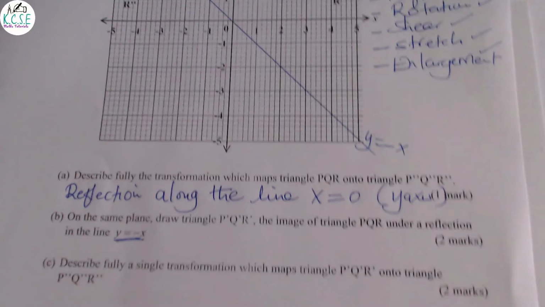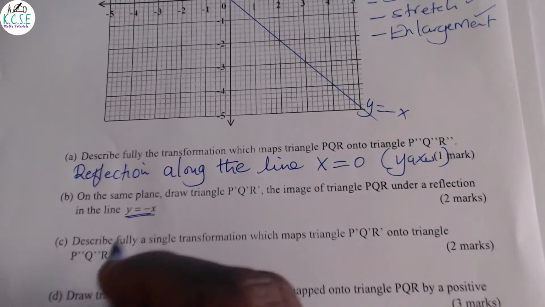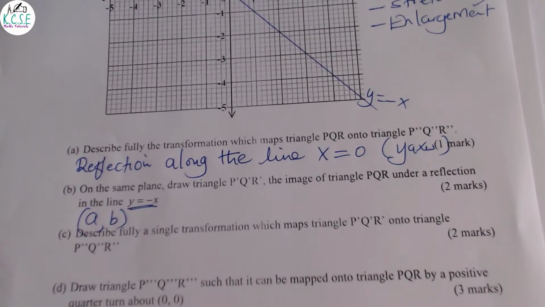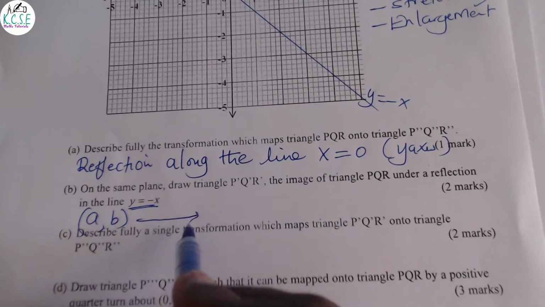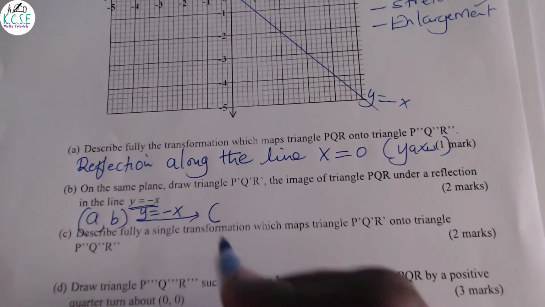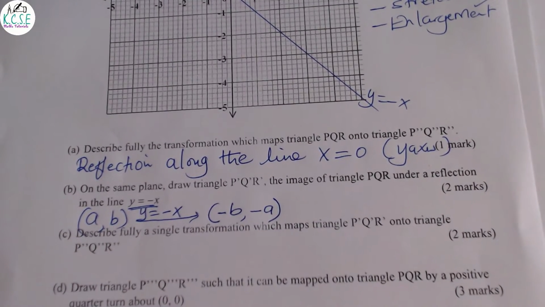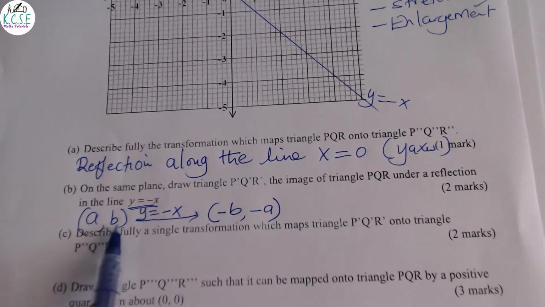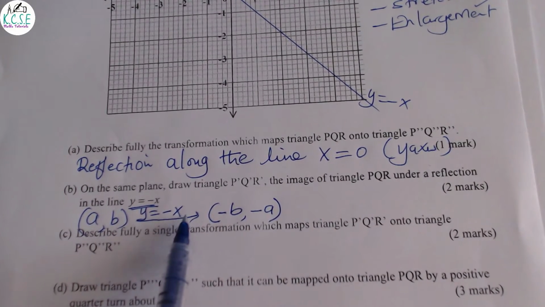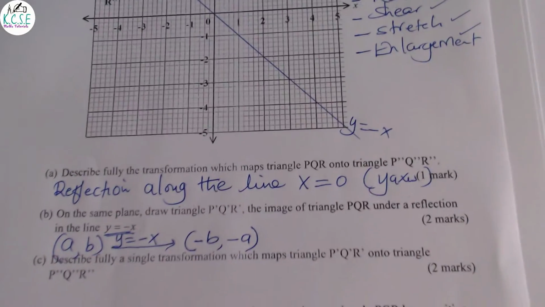The easiest way to identify this is something that you need to know: under a reflection in the line y equals negative x, a point (a, b) is mapped onto (negative b, negative a). So the object points are reversed and they change sign. You just need to draw the line and then indicate the point.